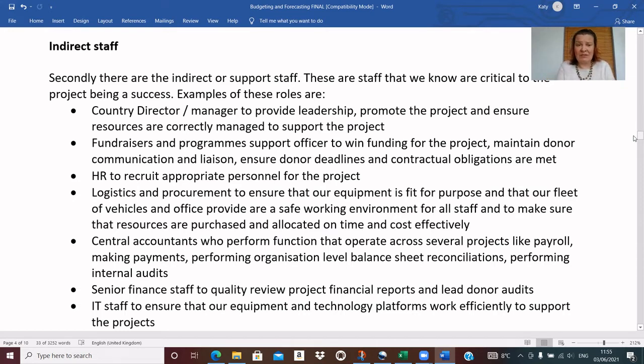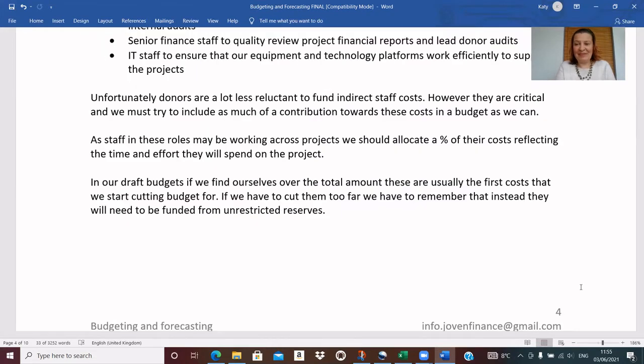So the examples of these roles would be our country director, fundraisers, HR, IT, etc. Now, unfortunately, donors are a lot more reluctant to fund indirect staff costs, but they are critical. And so we really have to try and make sure that within our budgets, we include a contribution to these roles. Because if we don't, they're going to have to be funded out of unrestricted funds.